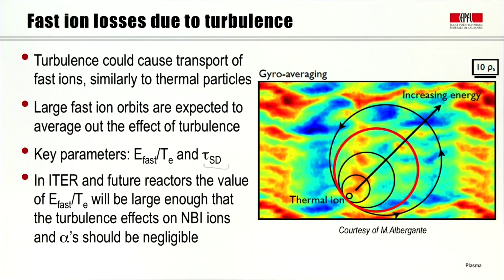Now, I said before that in this case we would rather find good news, because if we do the estimates for ITER and the future reactors, we find out that the value of this ratio of E fast over the plasma temperature should be large enough that the turbulence effects on the NBI ions, and even more importantly on the alphas, should be negligible.